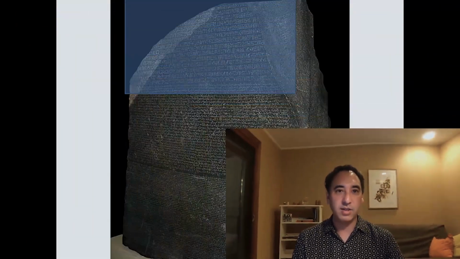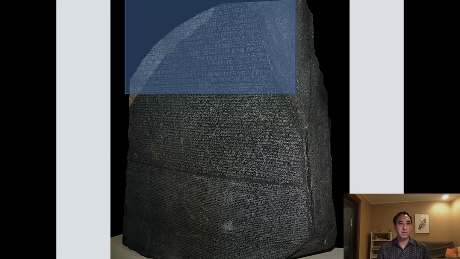So the Rosetta Stone was a stone discovered in, I think, 1799 and deciphered over the next 10 years or so. That was a remarkable discovery because up until that point, Egyptian hieroglyphics, such as those highlighted here, were not legible by anybody living at that point.